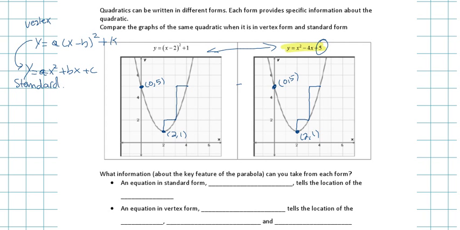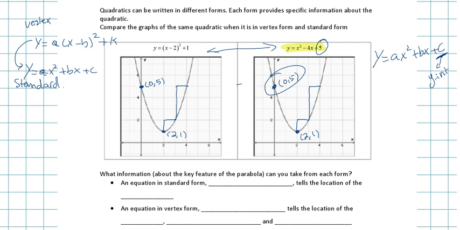That's right. And this is always going to be the case. Okay? In the standard form, when I have y equals ax squared plus bx plus c, this value, whatever that value is, that is your y-intercept. Okay?